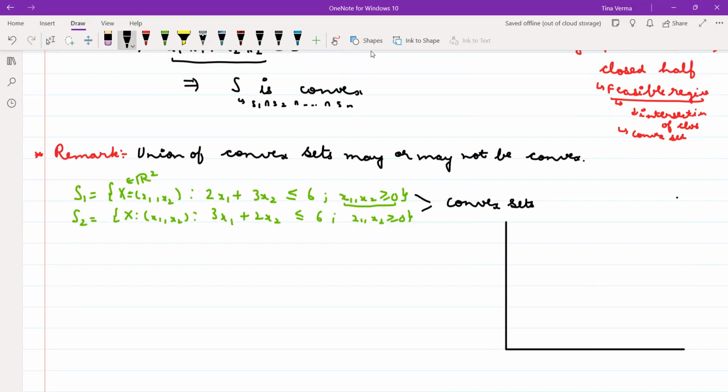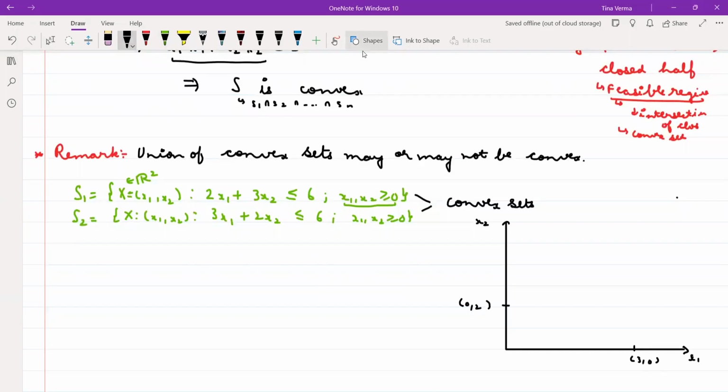So from the first, S1, if I'm drawing the region of S1, this I'm taking as X1 and this I'm taking as X2. So if I'm plotting this, you can notice the point here, I'll get 3, 0, and the other point I'll get as 0, 2, right? So this is my point.